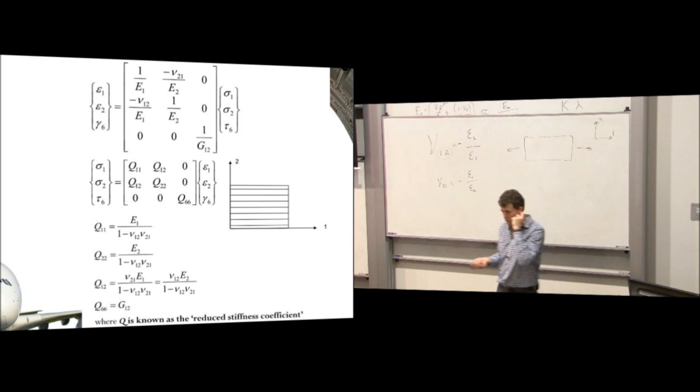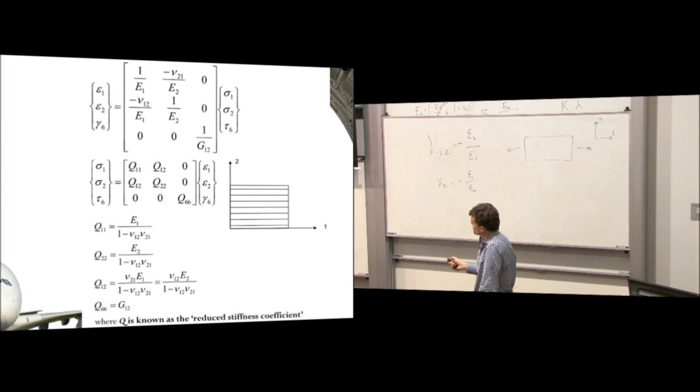So at the top there you see the same matrix that we developed for our material last week, except there's a few more subscripts in there. I've taken out strain 3 because it's not important at the moment. So we've just got strain 1, strain 2 and gamma 6, stress 1, stress 2 and shear stress 6. So this, apart from the subscripts, you should be familiar with from last week.